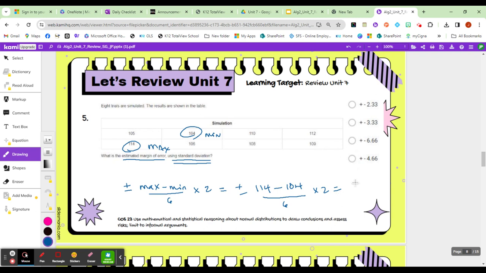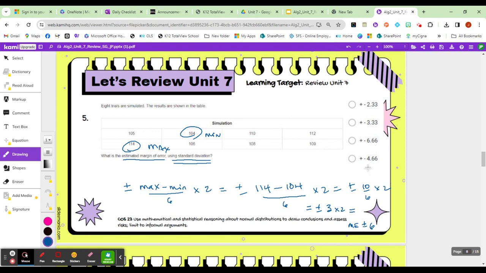So 114 minus 104 is 10 divided by 6. And then don't forget times 2. I'm really bad about forgetting that times 2. So that's going to give us plus or minus 10 divided by 6 is 3 times 2. That's going to give us a margin of error of plus or minus 6. And how did I miss that?